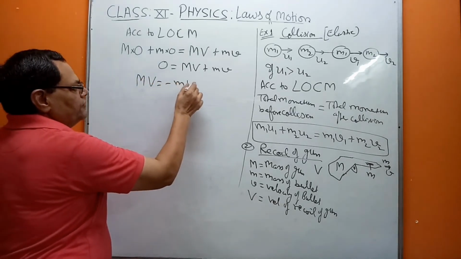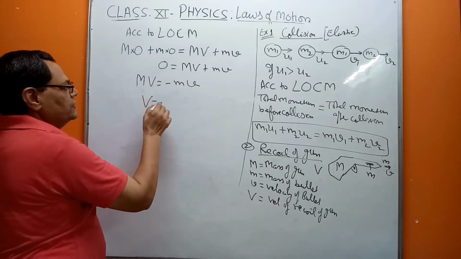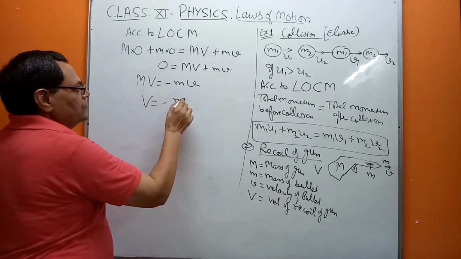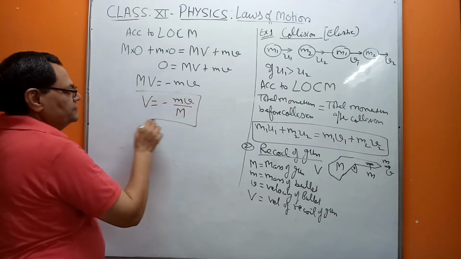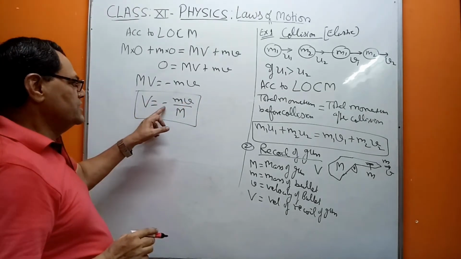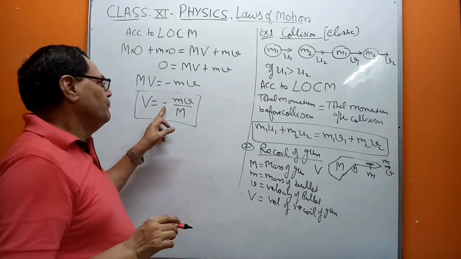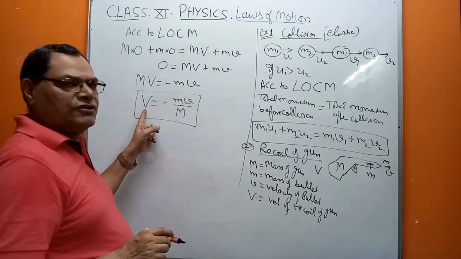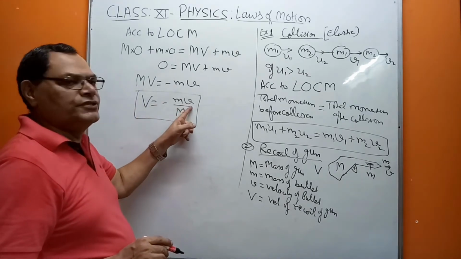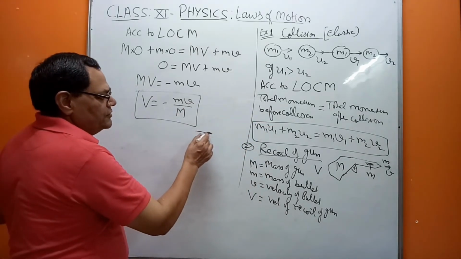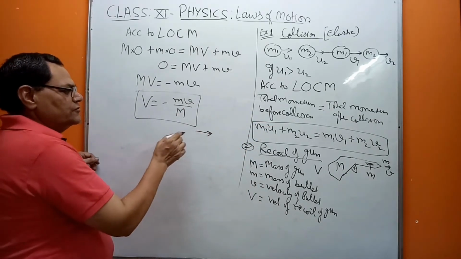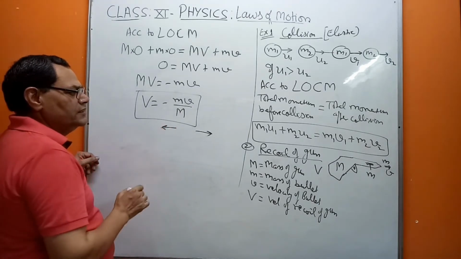So you say 0 is equal to MV plus mv, or you can simply say MV is equal to minus mv, or V is equal to minus mv upon capital M. Meaning that this velocity comes with a minus sign, so the direction of V will be opposite to the direction of the bullet. If the bullet comes out in this direction, the gun gets recoiled the other way.